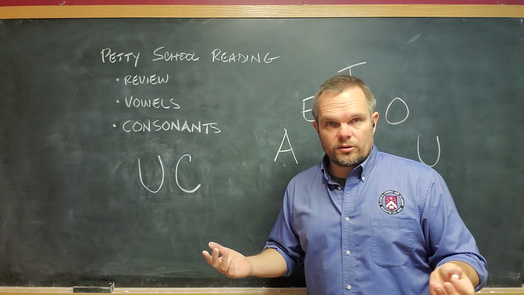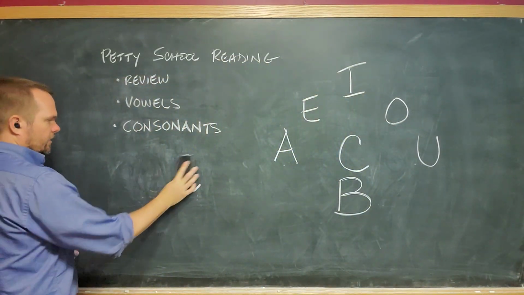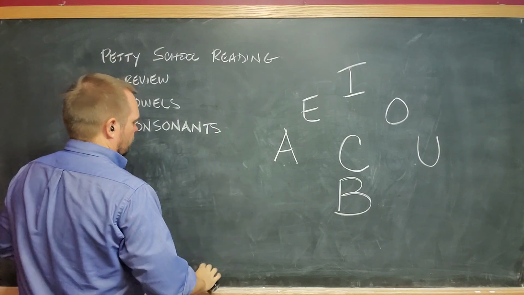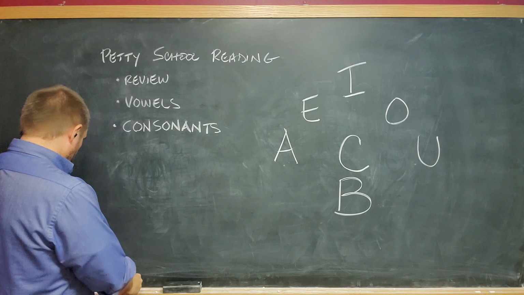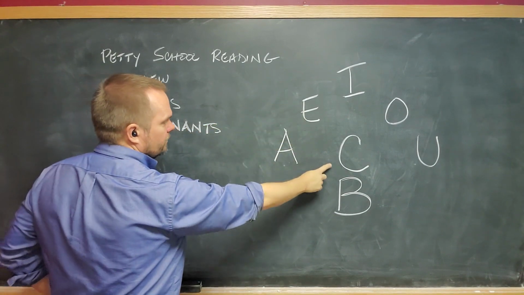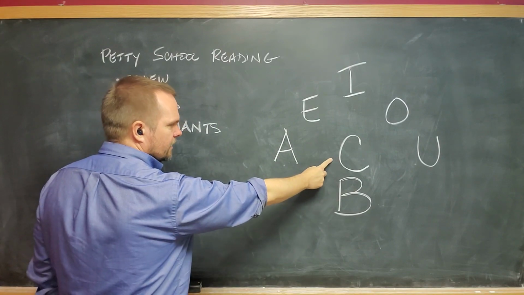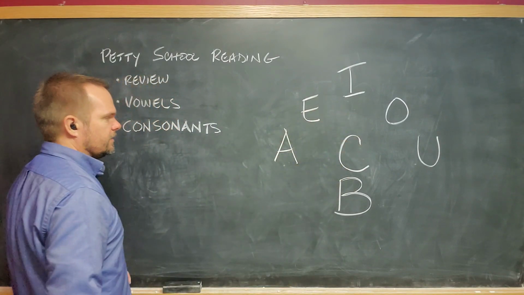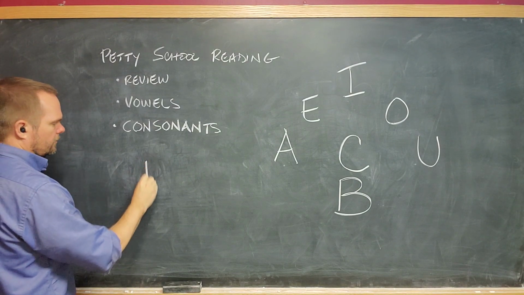Let's have a little test. I'm going to write a syllable here on the board, and let's see if you can read it. All you need to know are the sounds of the consonants that we learned, b and k, and the 5 vowel sounds. Ready? Here's the first one.